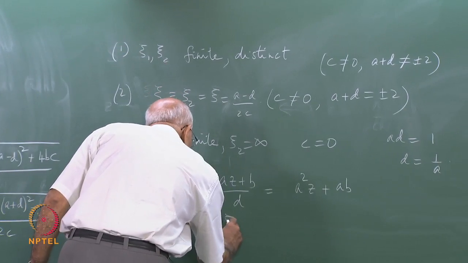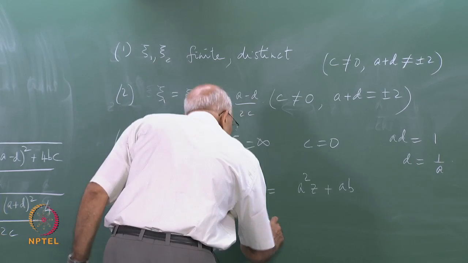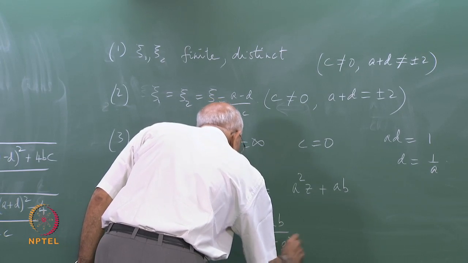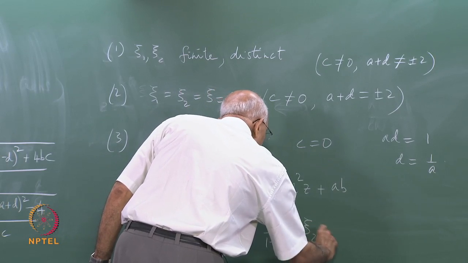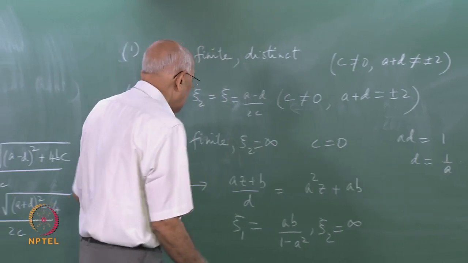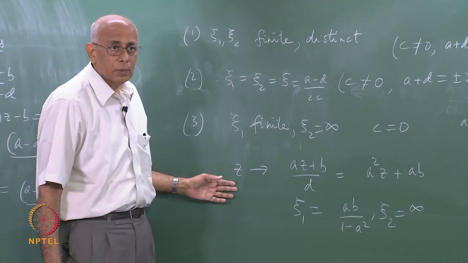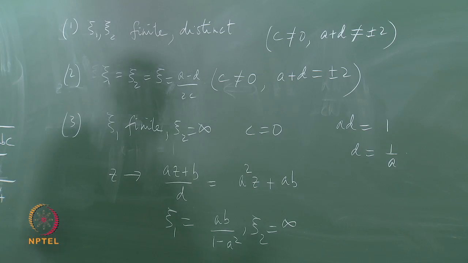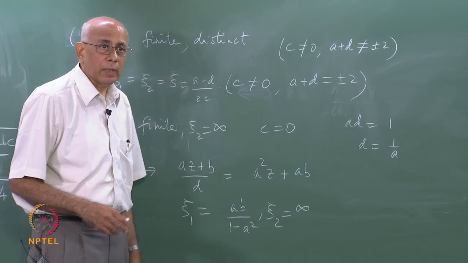So you have xi equal to, if I bring this A squared here, AB over 1 minus A squared, xi1 equal to this, and xi2 by inspection is infinity, because if I set z equal to infinity here, that is infinite here too. So z equal to infinity is a fixed point, but there is another non-trivial, finite fixed point, which is at AB over 1 minus A squared.